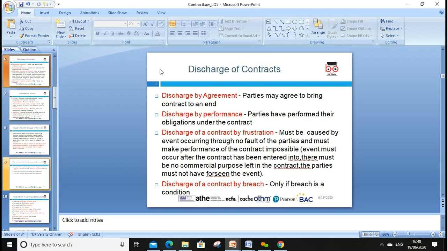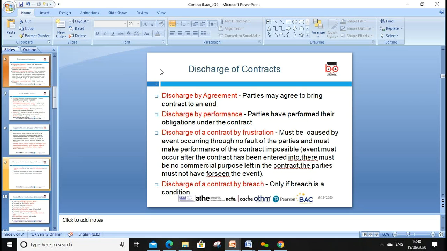Discharge of the contract: we learned about it in the previous lesson. Parties may agree to bring the contract to an end. Discharge by performance: we fulfill the performance, and the contract can be finished.